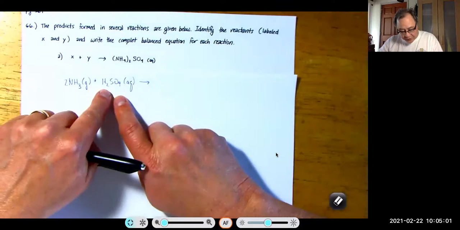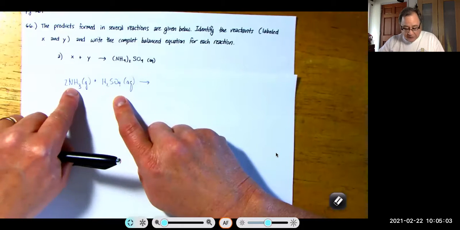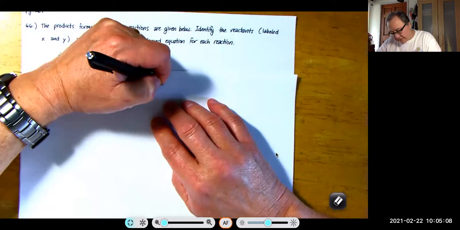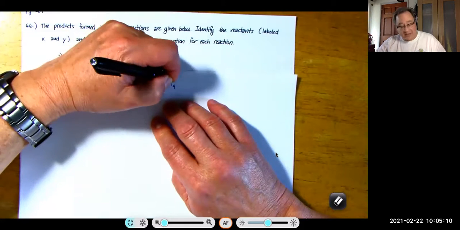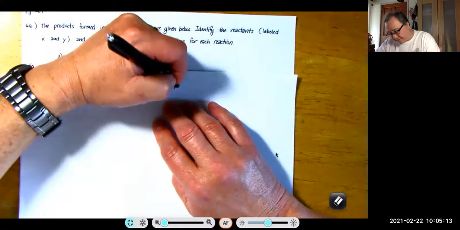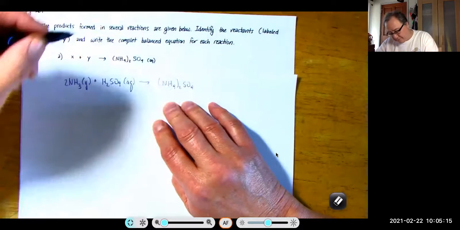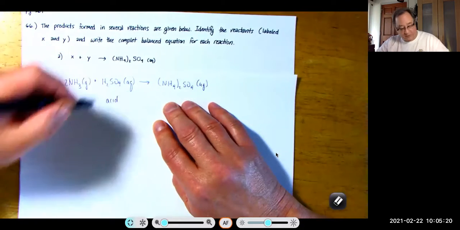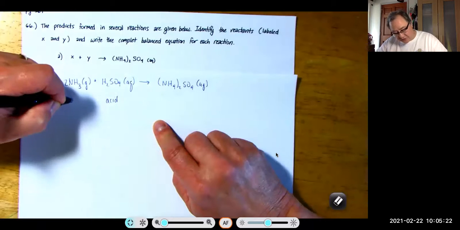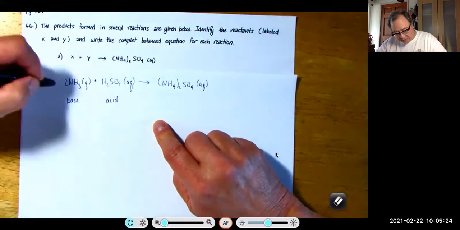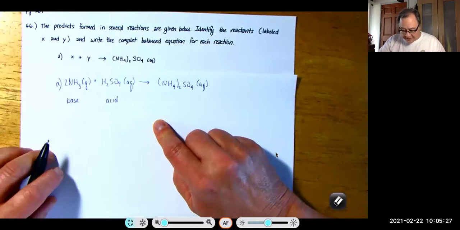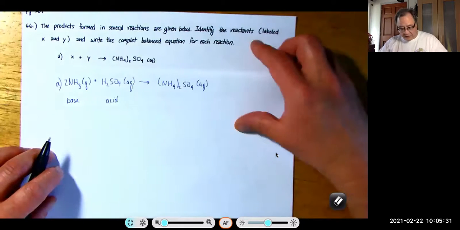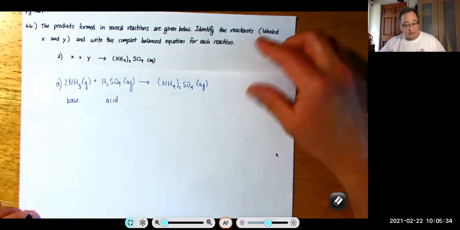These two hydrogens would add on to NH3 and make NH4 plus. So this is in light of the Bronsted-Lowry type of acid and base, where this is the acid, the proton donor. This is the base, the proton acceptor. So that's what I would do for A. And at first I was thinking this might be one of those gas forming reactions, but there's no gas here. So I think A is probably going to be the hardest of all of them.